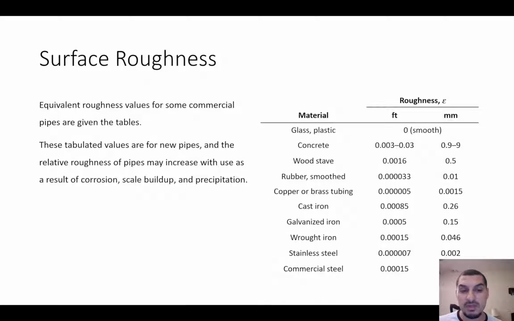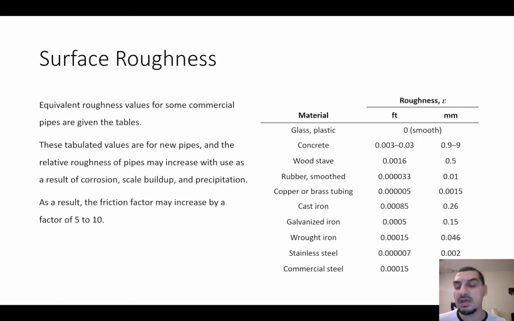So maybe the material that is flowing causes corrosion in the inner walls of the pipes, in one way or another. One of the very famous cases is hydrogen pitting, which is if the fluid flowing is hydrogen gas, then it will react with the metal and cause some holes in the inner wall of the pipe, which causes more roughness than the initial roughness.